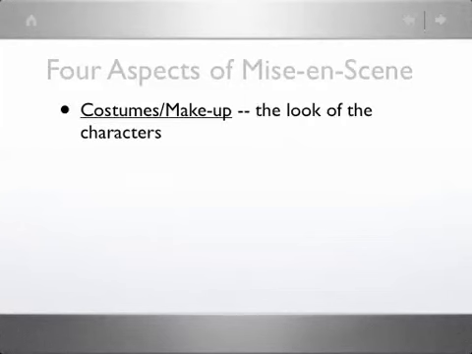Depending on the kind of film that it is, those characteristics of the look of the characters might be very elaborate, you know, in a costume drama or in various sorts of maybe science fiction or fantasy films.